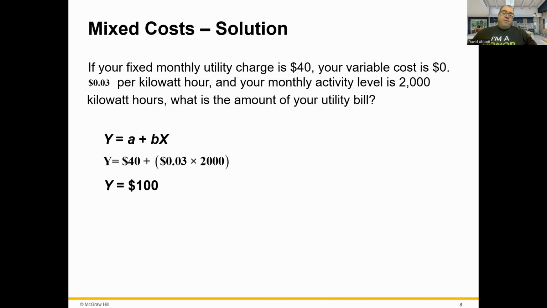So again, we have the fixed cost, which is 40, regardless of what the level of activity is. If you use no electricity, you went away for a month, you would still pay the $40. And then we have 3 cents times the number of kilowatt hours. So we come out then that the bill would be $100.